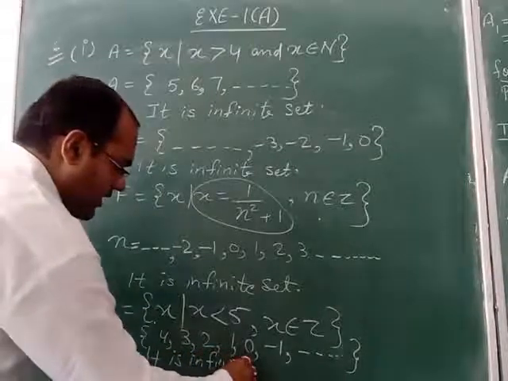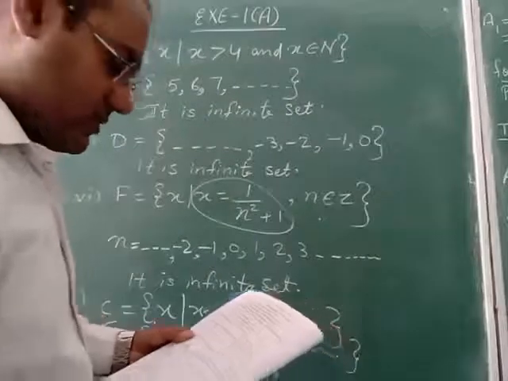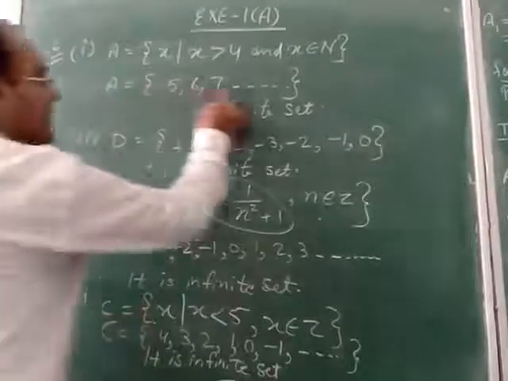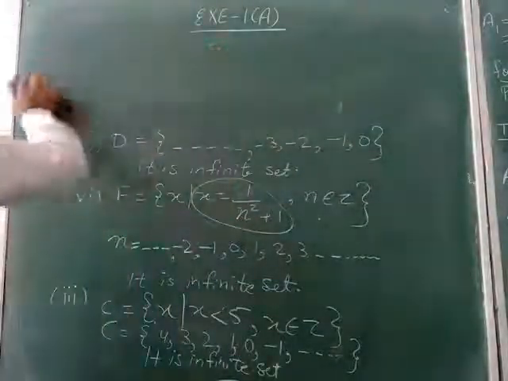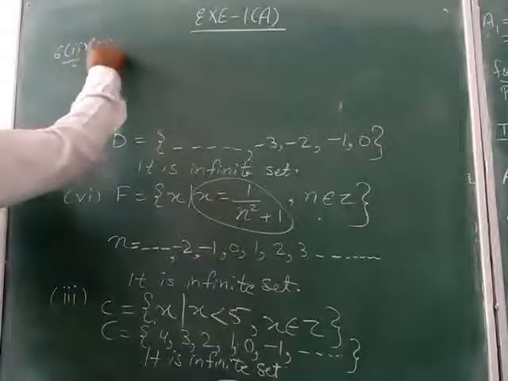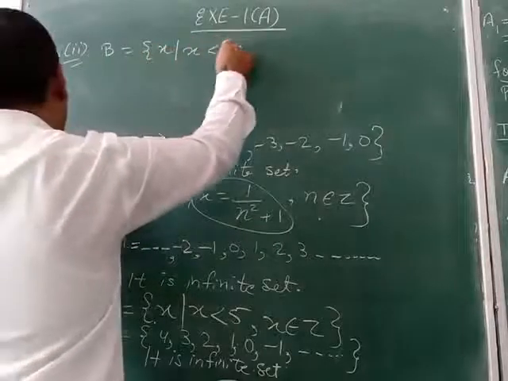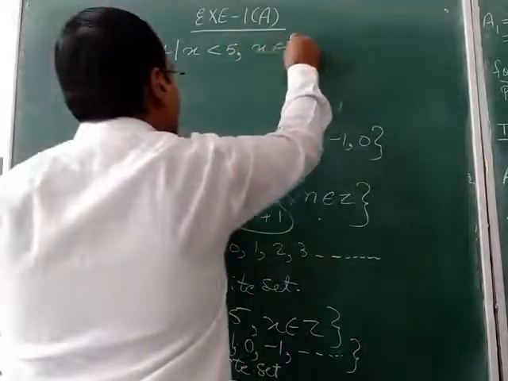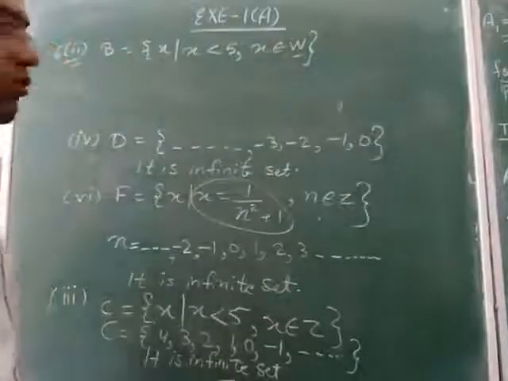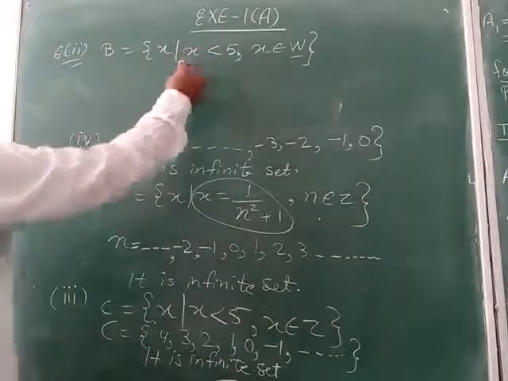Now the second part of the 6th question: B is equal to {x such that x is less than 5 and x belongs to W}. W means whole numbers. Whole numbers are those which start from 0, and we have to write less than 5.